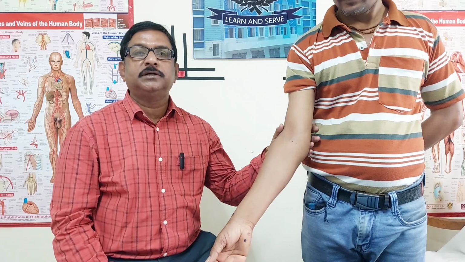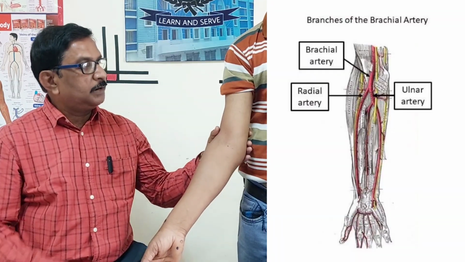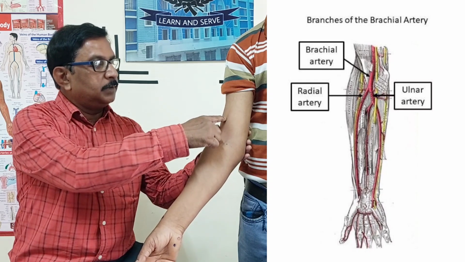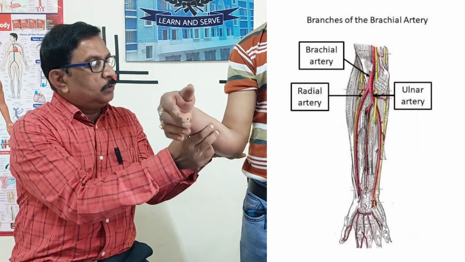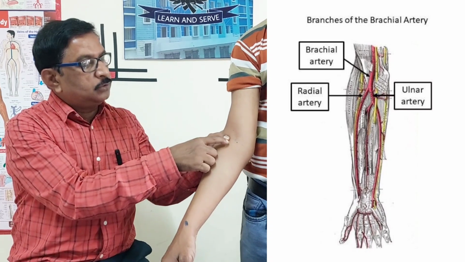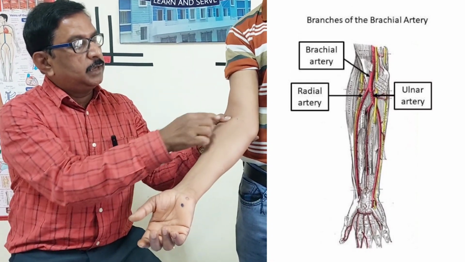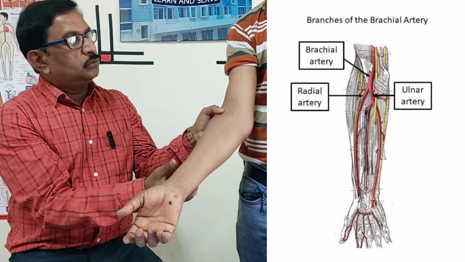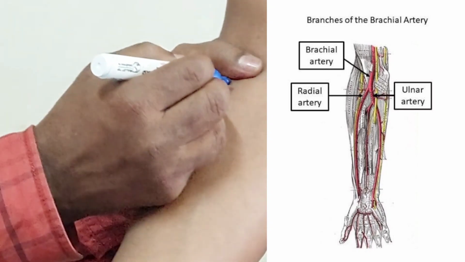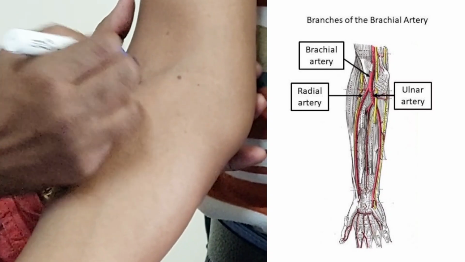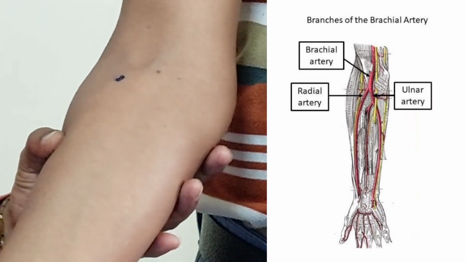Next point is the point of bifurcation of brachial artery. You know brachial artery is in the arm. Then just below the bend of the elbow, this is the bend of the elbow, it bifurcates into two main branches: radial artery on the lateral side and ulnar artery on the medial side. About 1 centimeter below the bend of the elbow, here I will mark a point for the site of bifurcation of brachial artery.